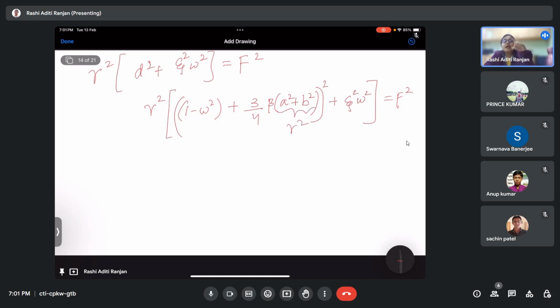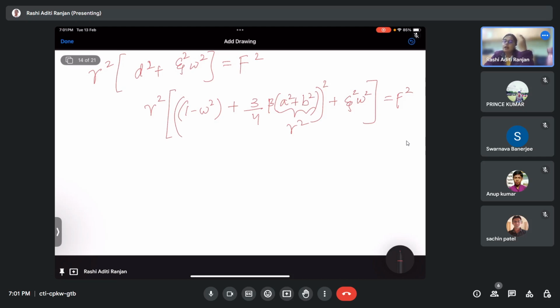Now if you see, I have a relation between omega, gamma and F. So if I know F and if I know omega, I can find the value of gamma, isn't it? And if I can find the value of gamma, then I can find how the system is going to oscillate. I'll know the amplitude of oscillation, right?